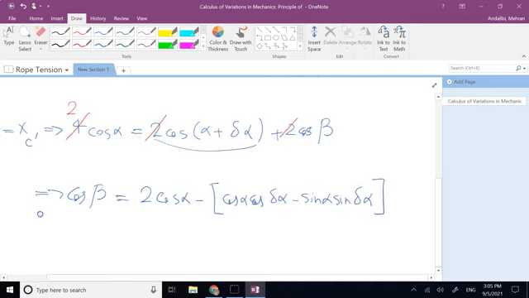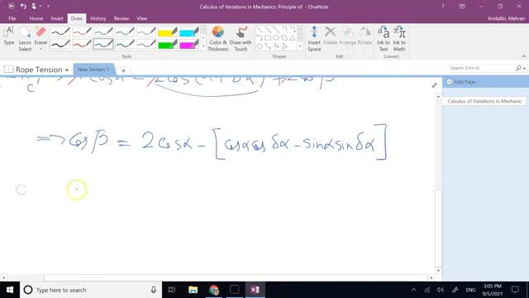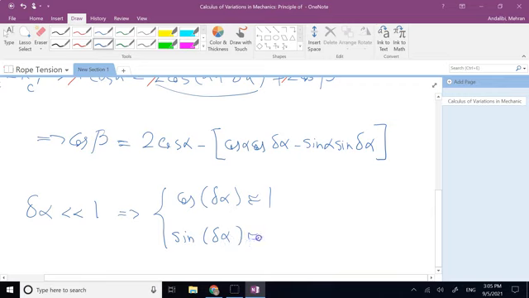Correct? And now there is one thing that we used last time, and that is that delta alpha is a very, very small virtual rotation. Therefore, its cosine can be approximated by 1, and its sine can be approximated by the angle itself.